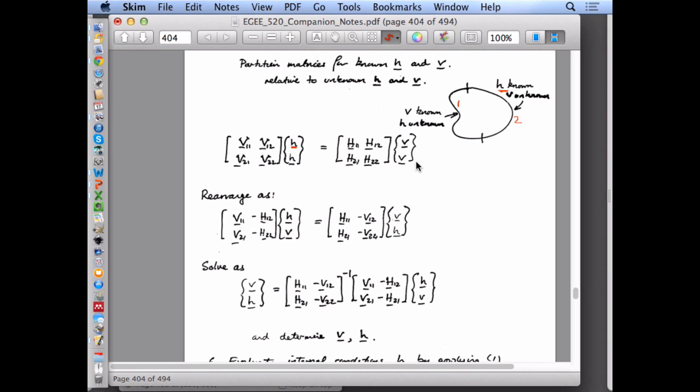Let's see. Rearranges. No, the other way around. This is 1, where we know the heads, and this is 2. So this would be 1 and 2, same as before. 1, 2, 1, 2.